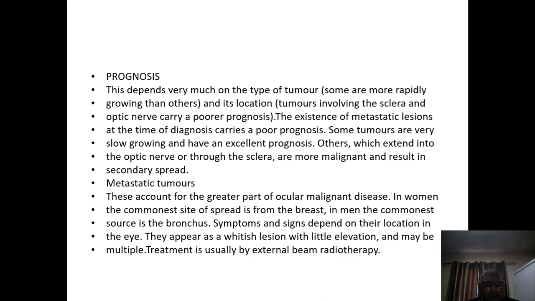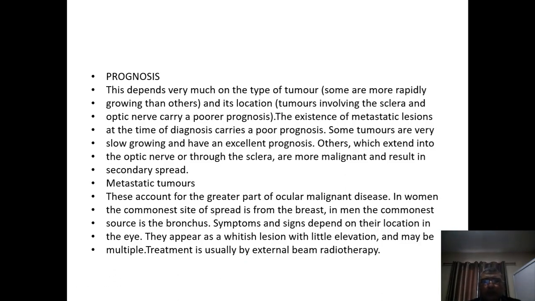We have the last subject, which is metastatic tumors of the choroid. Metastatic tumors account for a great part of ocular malignant diseases. In females, the commonest site of spread is from the breast. In men, from the bronchial carcinoma.